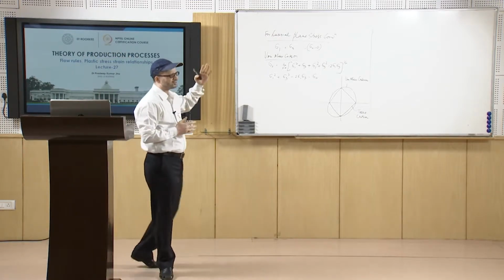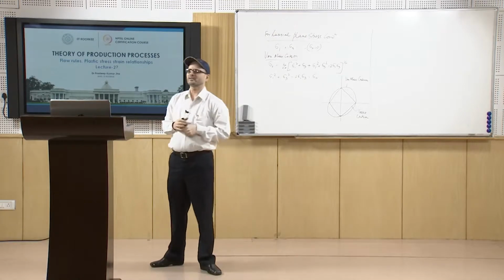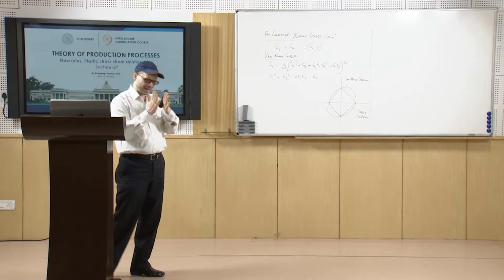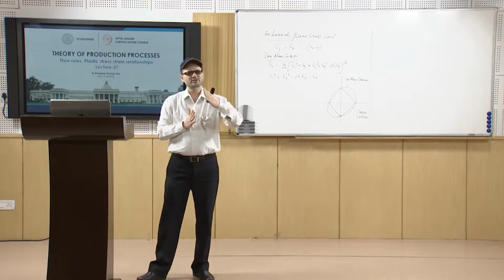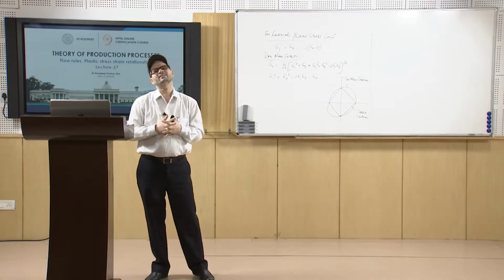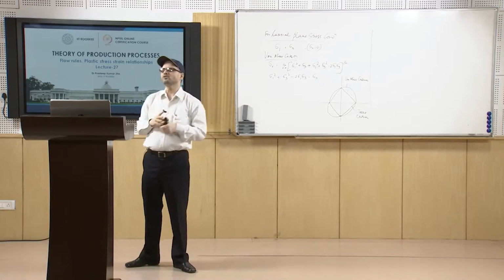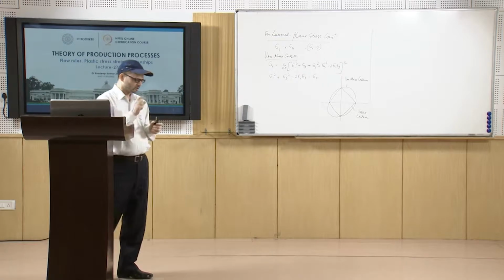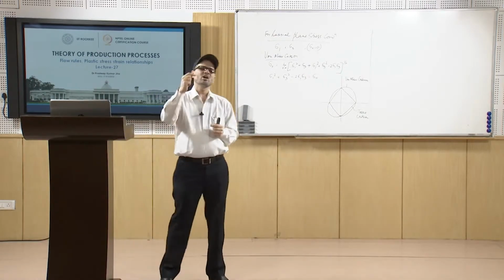That is the property of this octahedron: the faces of the planes make equal angles with the three principal directions, and that angle is 54 degrees 44 minutes. Basically, the cosine of that angle is 1 by root 3.